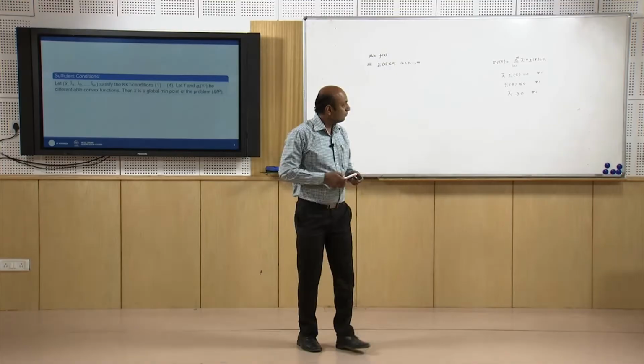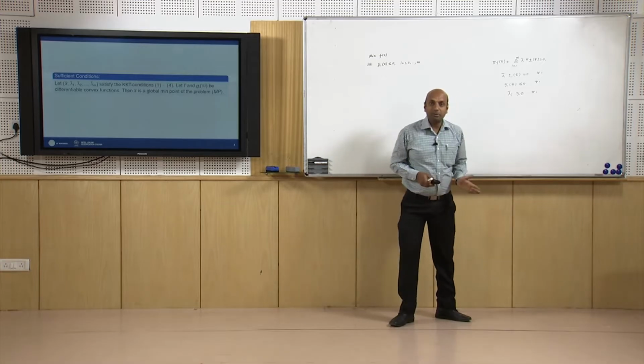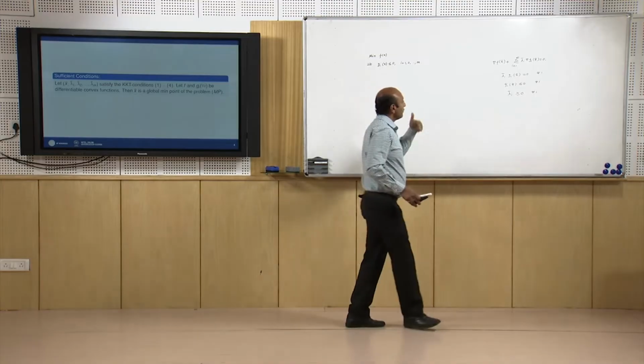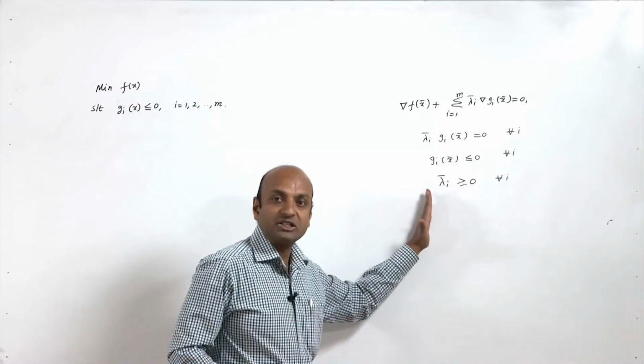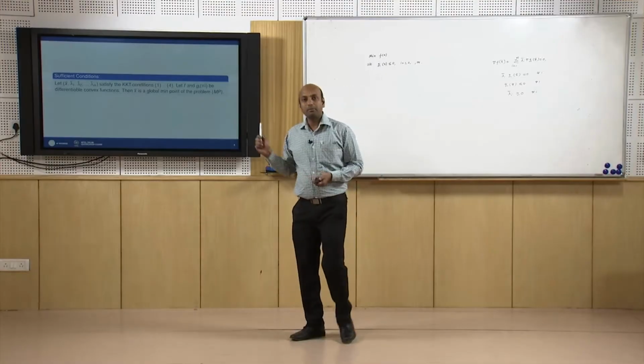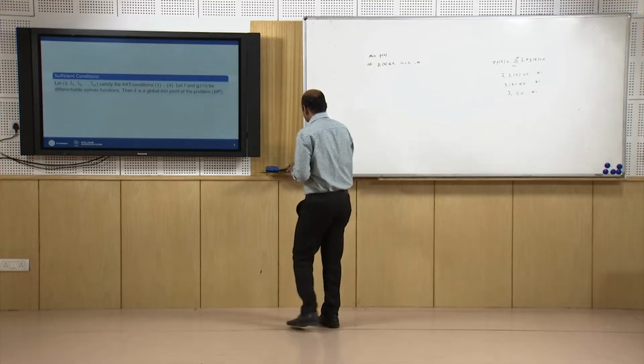So, if these conditions hold for the convex programming problem, then the point x bar and lambda bar which we obtain by solving these conditions is always a global minimum point of the problem MP. The proof of the sufficient condition is very simple. Let us see.